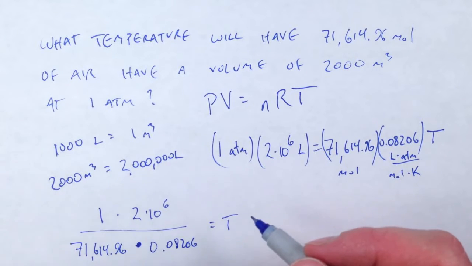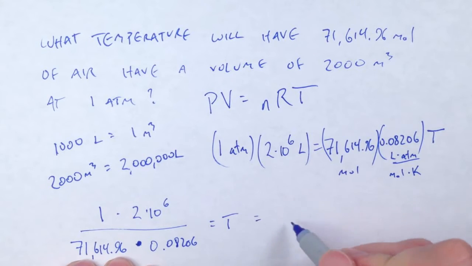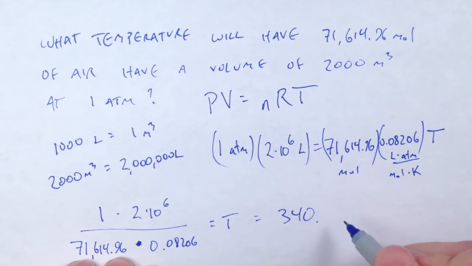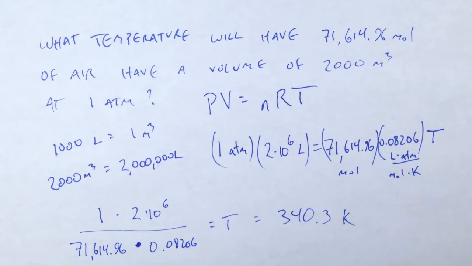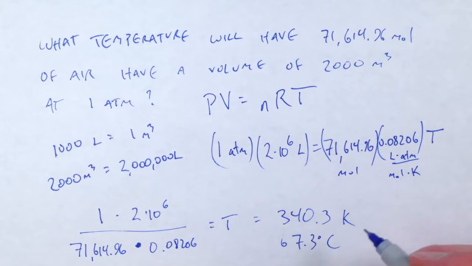Okay, calculator does this, you end up getting an answer of 340.3 kelvins. Subtract 273, you get 67.3 degrees Celsius, which is a nice and toasty 153 degrees Fahrenheit.